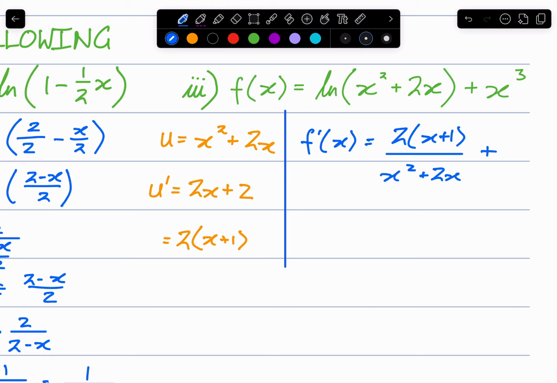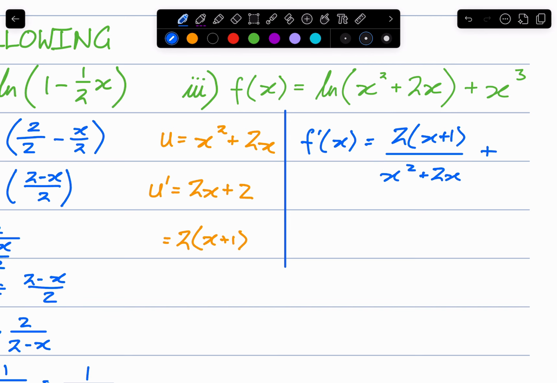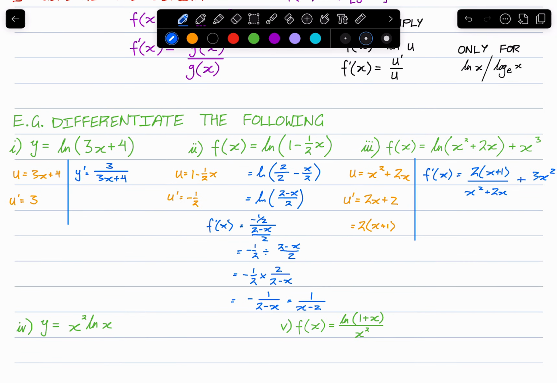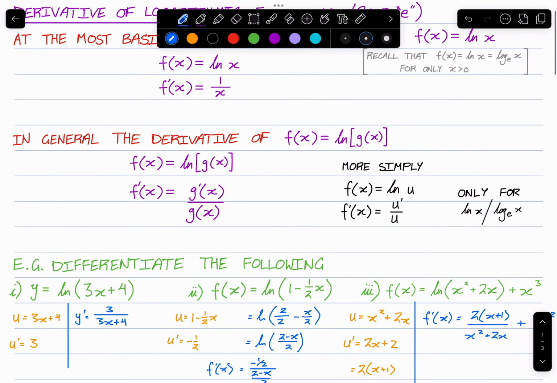So this first term, this quotient, is the derivative of this first one. And we just simply take the derivative of this on its own, so this is going to be 3x squared. We could combine all of this as one fraction if you'd like, but I'm going to leave it there because all we're looking to learn today in this video is this derivative.